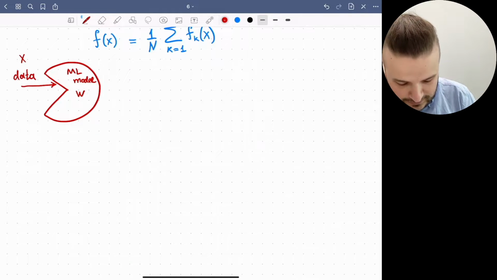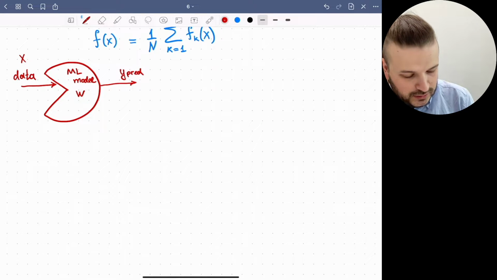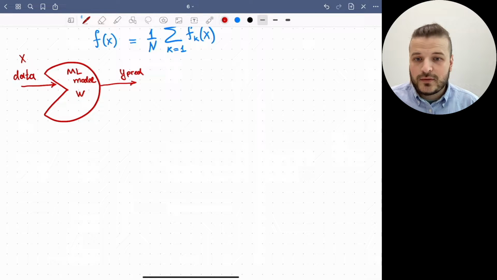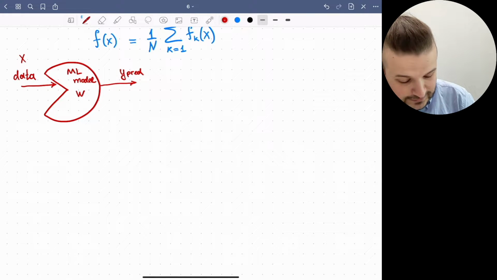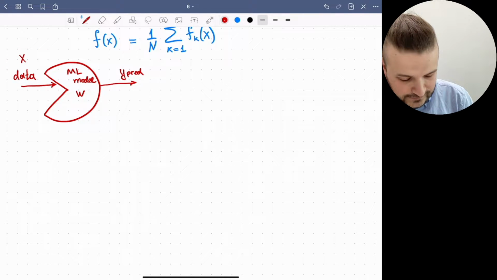It predicts something, y prediction, and in the end, we want these predictions to be as close as possible to the ground truth. For example, here we have data, and here we have y true.